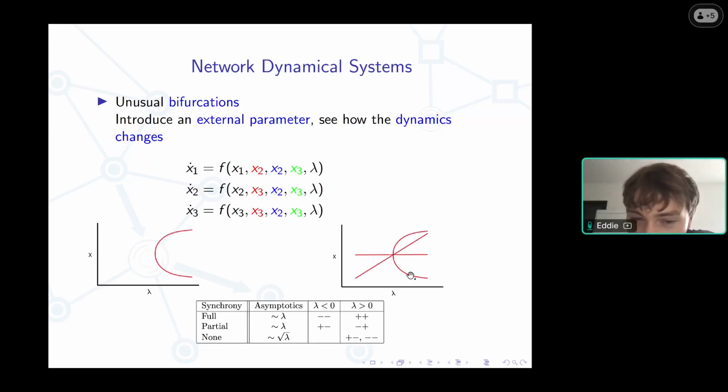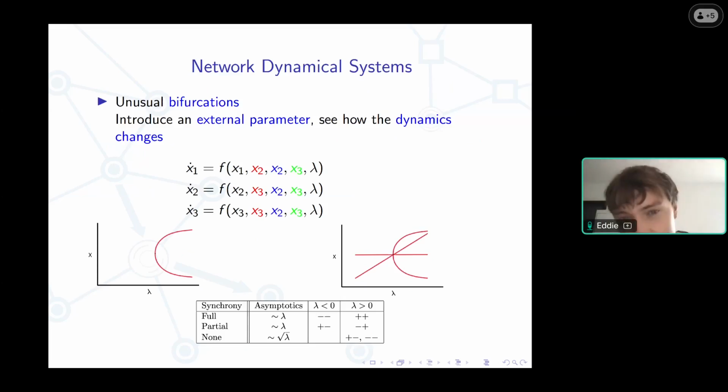Stability goes from fully synchrony to not synchronous, so this is a fully synchrony breaking bifurcation. But of course, even if you don't know that, just seeing this picture, this is completely unheard of for general systems, general ODEs, and it's generic in this class.